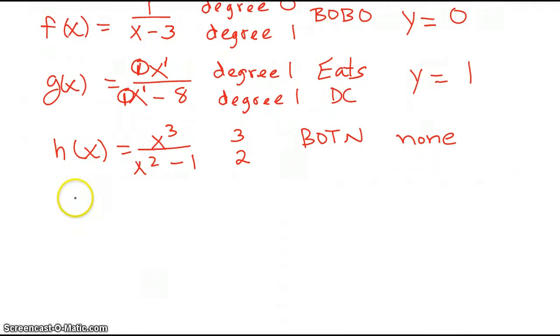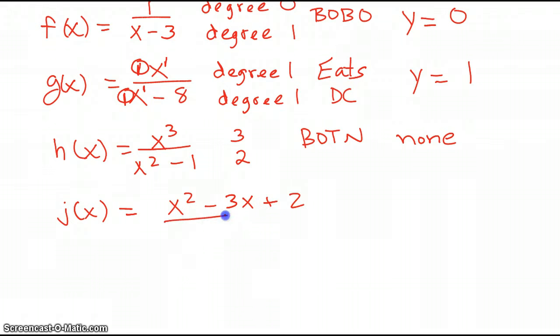Just to take another example, let's say I had j of x was x squared minus 3x plus 2 over 2x squared plus 4x minus 1. Now I don't have to worry about factoring these to figure out the horizontal asymptote. All I have to do is look at the degree. So the degree of the numerator is 2. The degree of the denominator is 2.